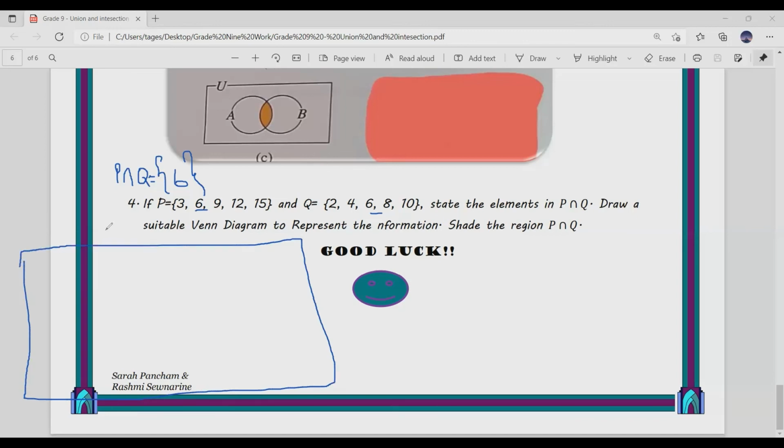Now we know that U is going to stand for our universal set, and we're going to draw our circles. Let me get the circle back properly.